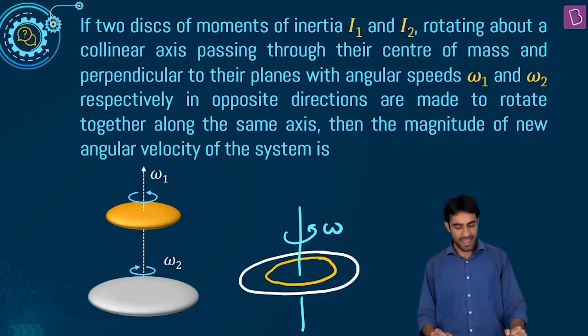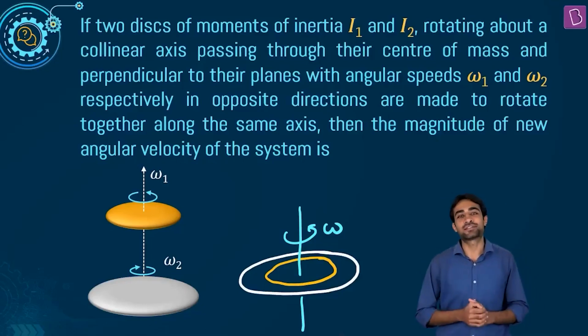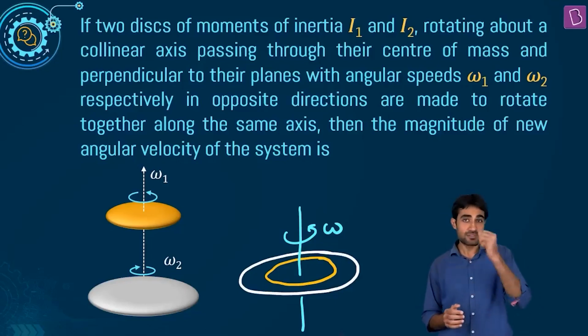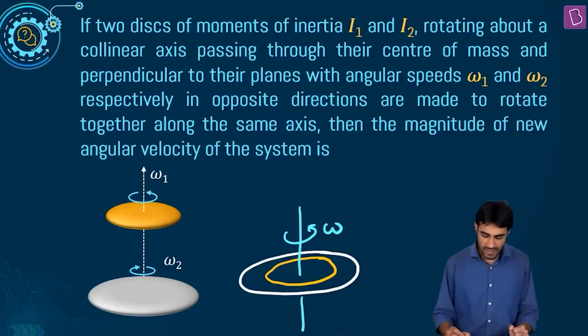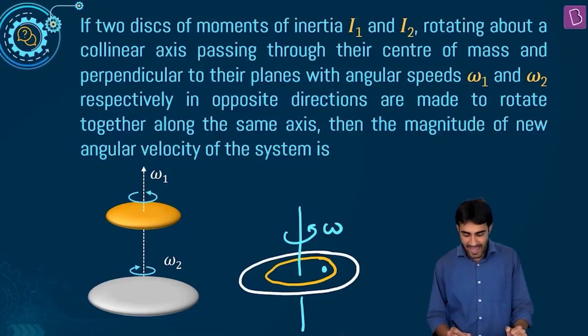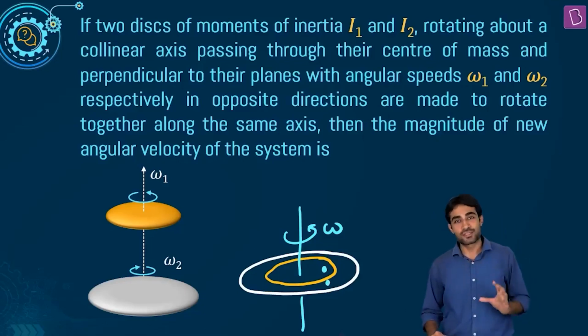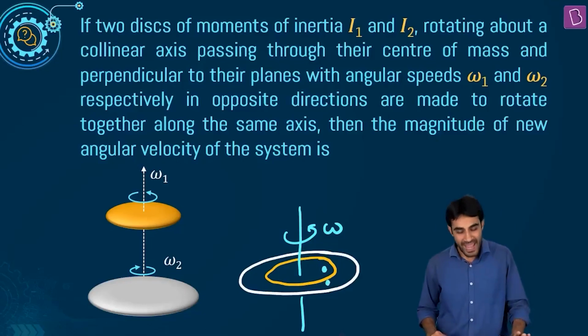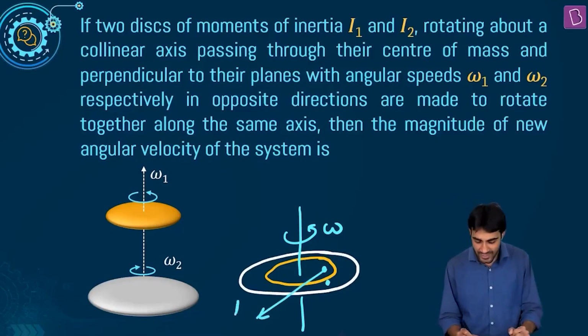But why is there no net external torque on this system? Friction force is acting, so there must be torque. Yes, friction force is acting, but if you consider some element, let's say there is an element on the yellow disk and there is an element just below the yellow disk which is on the white disk. So let's consider these two elements. Now friction force on the element on the yellow disk will, let's say, act in this direction.